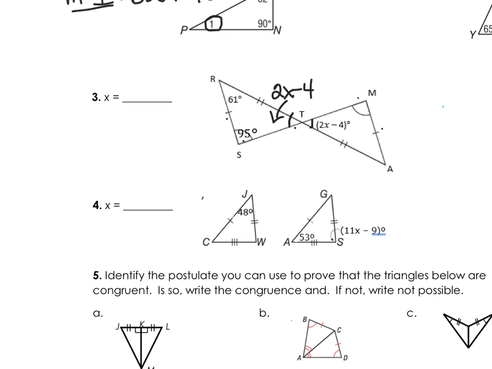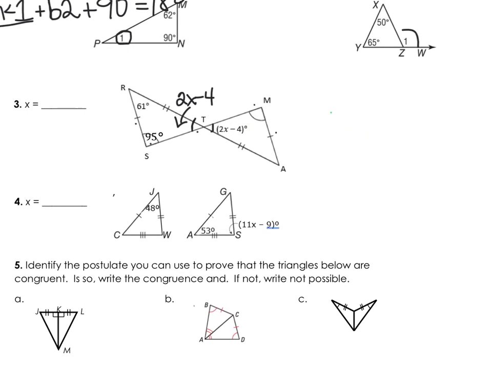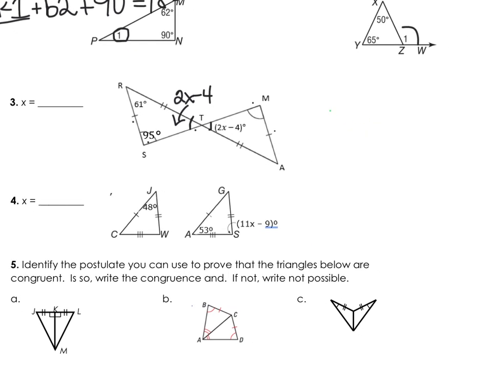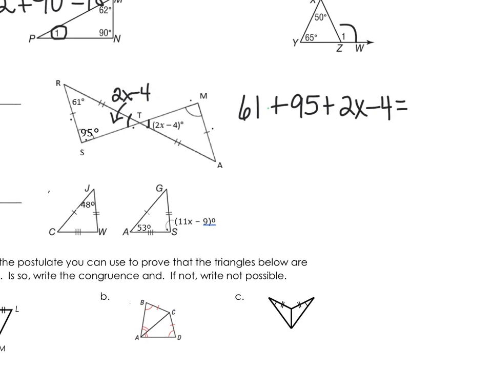So if I take all three angles and add them up, I can set them equal to 180. All right, so here are my three angles. They're added together and set equal to 180.